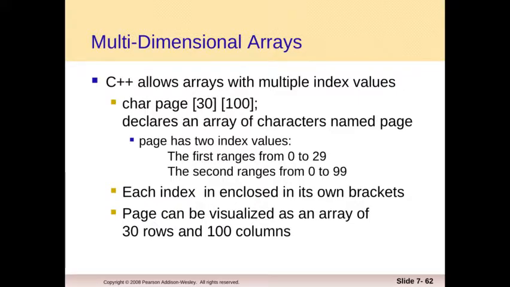Now what you're doing with this is you're saying all these 30 array variables with index from 0 up to 29, each and every one of them is an array of 100 chars.